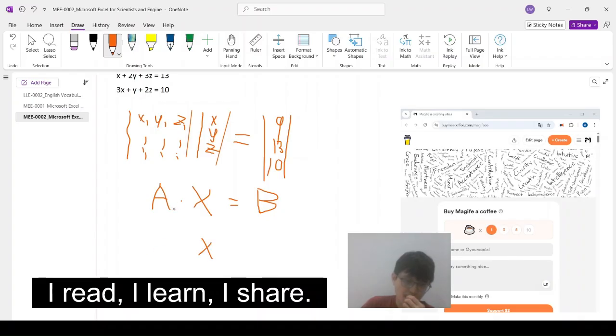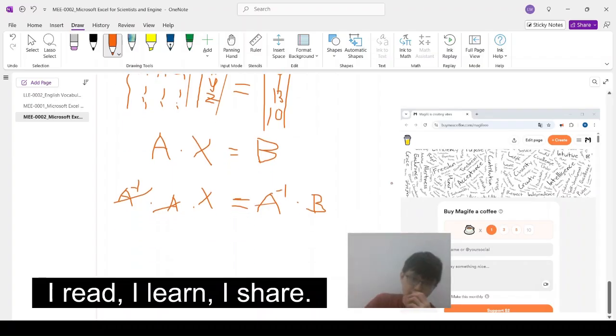So we take the inverse: the inverse of A times A. Because we multiply the left-hand side by the inverse of A, the right-hand side we must multiply by the same thing. So this one we can remove because it just becomes 1. So the X we want to figure out is equal to the inverse of A times B.